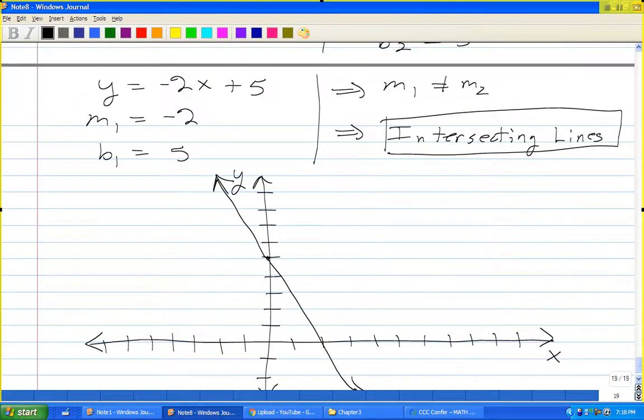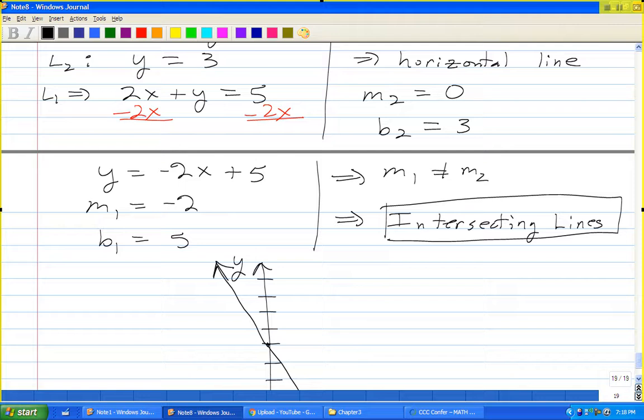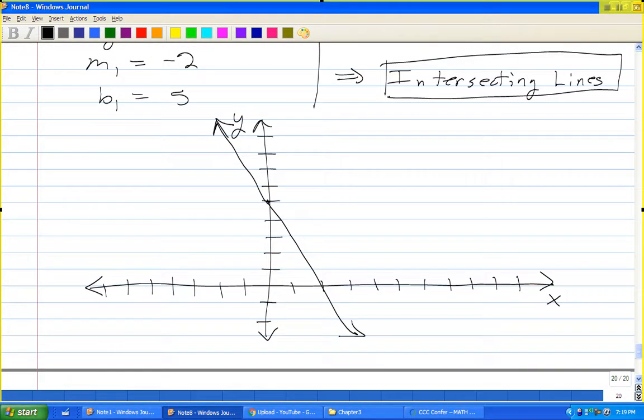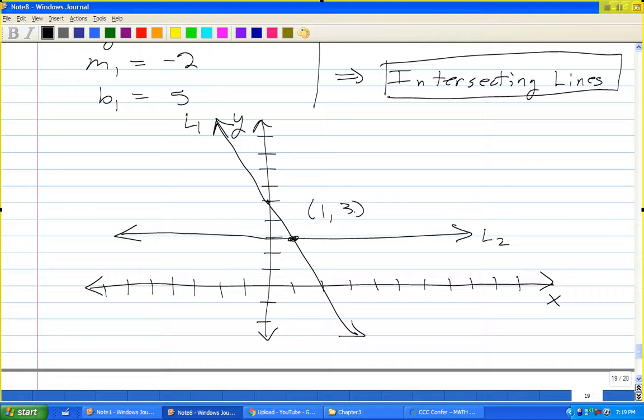Next, the other one is always y equals 3. And so 1, 2, 3. Okay. And so L1, L2. I believe the point of intersection is 1, 3.